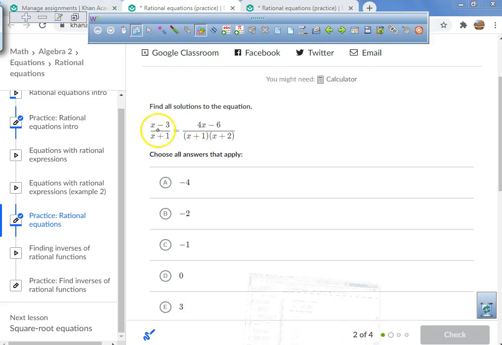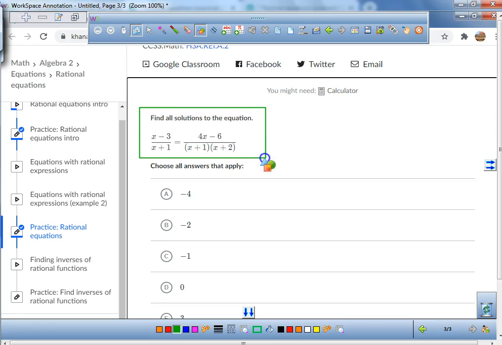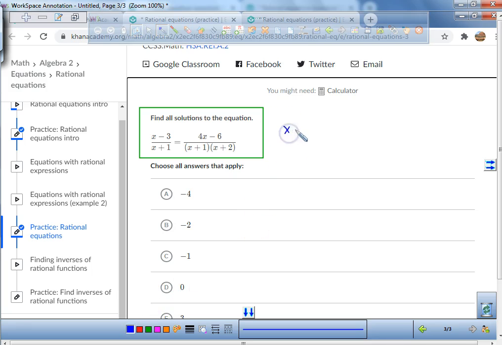Okay, let's do one more, and then you won't have to listen to me anymore. You can just work on your own. Some of you have already started that. Now, I'm going to take my time. I've got x minus 3 over x plus 1, except I'm going to extend it a little bit more.